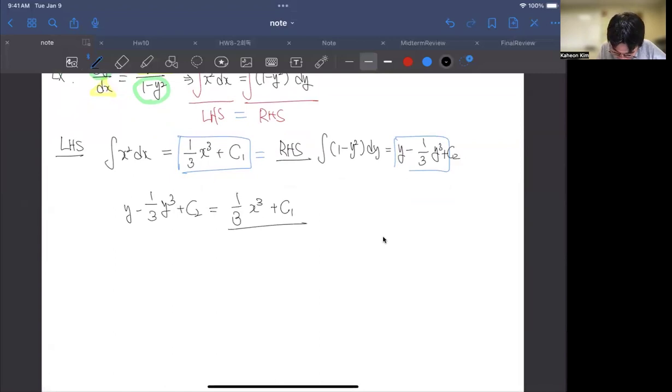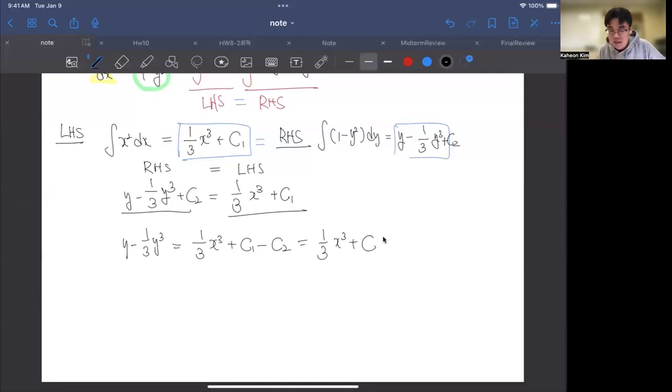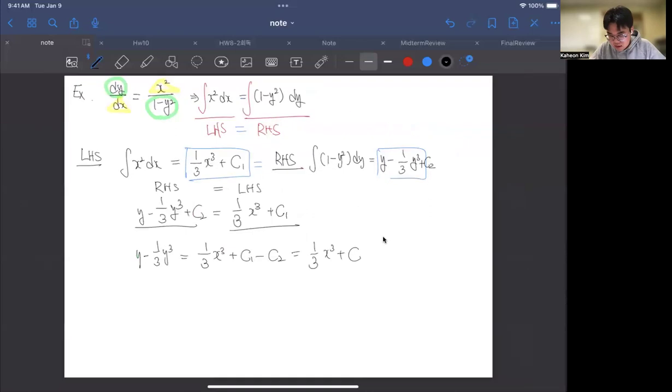They are equal. So we can put all the constants on the right hand side for convenience, plus c. We don't need to use two constants, because constant plus constant is constant, and constant minus constant is constant, which makes this equation simpler, right?